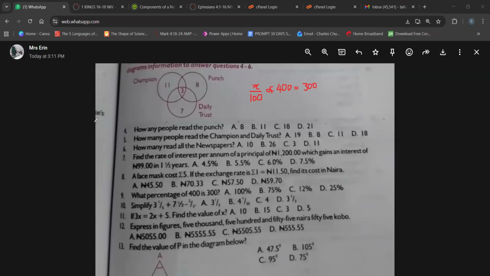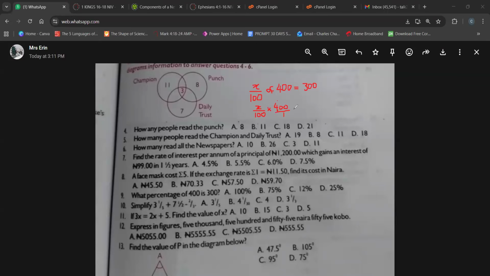Don't allow the way the question looks to confuse you. Just follow it gently, bit by bit. So X over 100 times 400 over 1 equals 300.